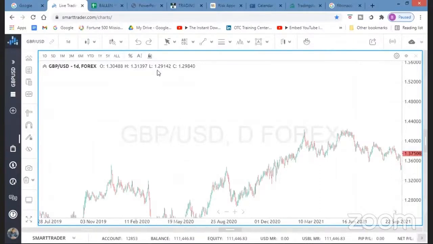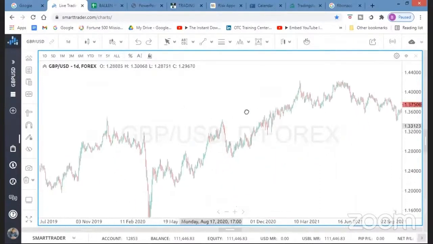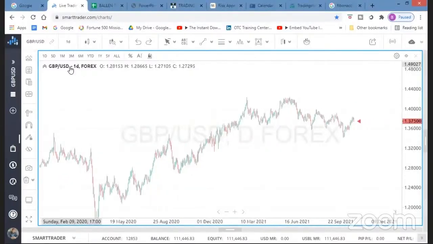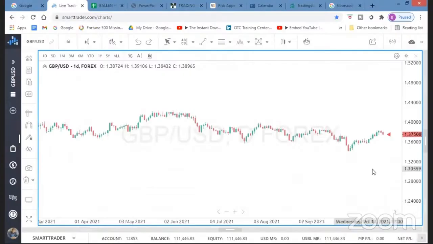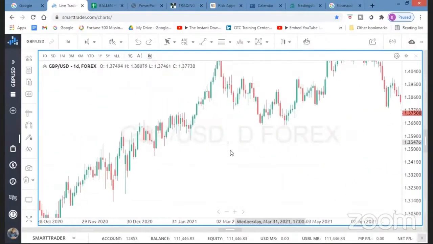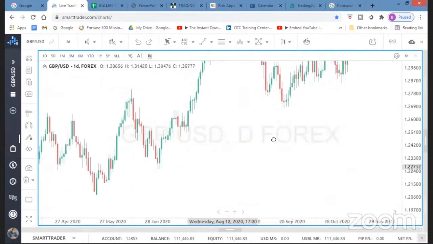But in order for us to move forward today, we're looking at the Great British Pound versus the US dollar chart on a daily time frame. Each one of these candlesticks on the chart equals a day's worth of price action in the market.